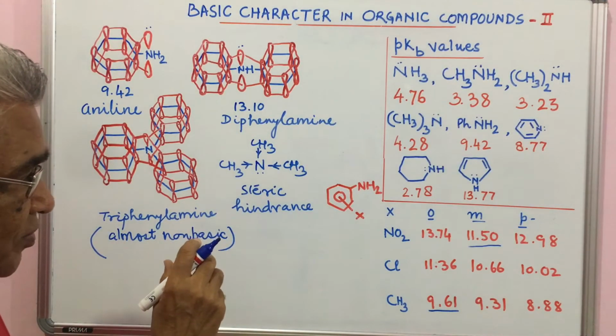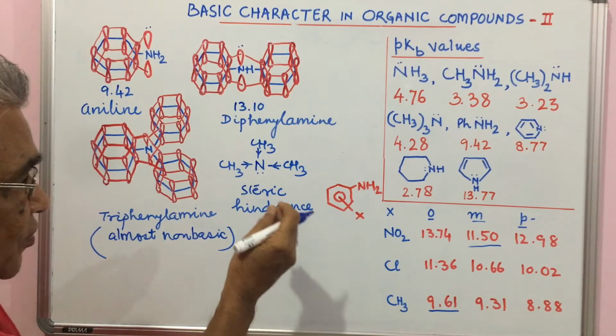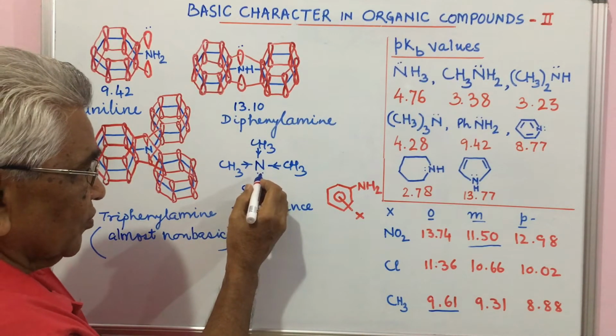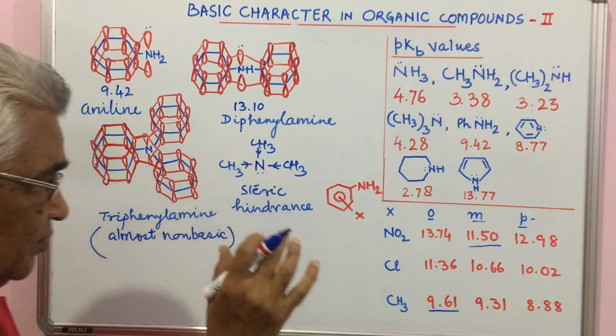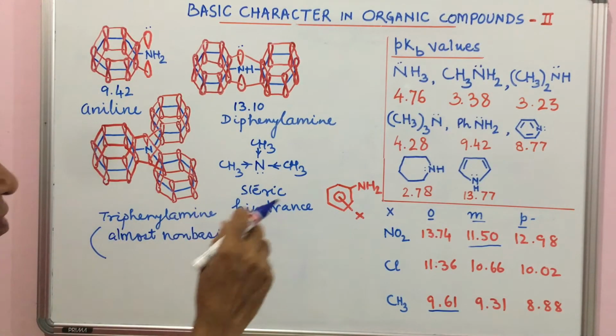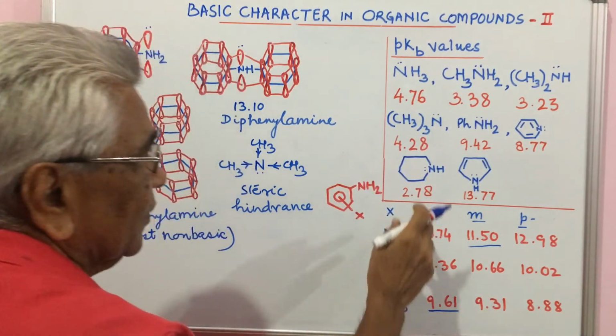So, because of this hindrance, proton is unable to reach this electron pair site and protonation becomes difficult. That is why it is a weaker base than these 2.